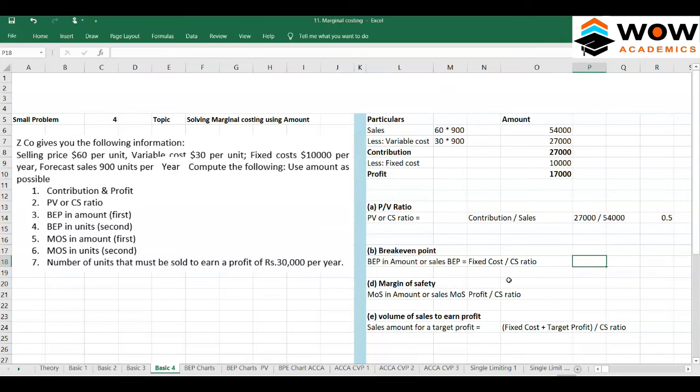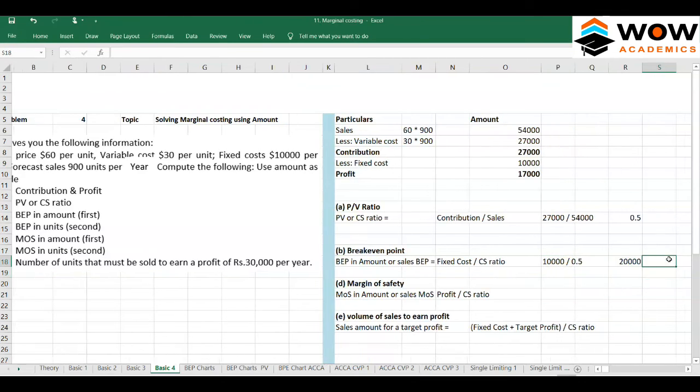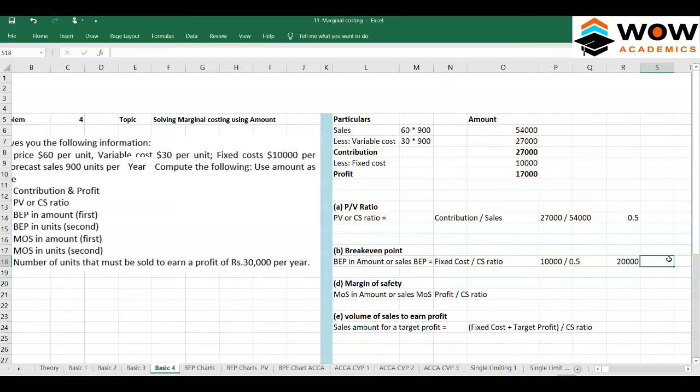So the BEP point would be fixed cost divided by PV ratio. Okay, so this represents the amount. So the amount here is in dollars. So this also will be in dollars, and this answer will also be in dollars.